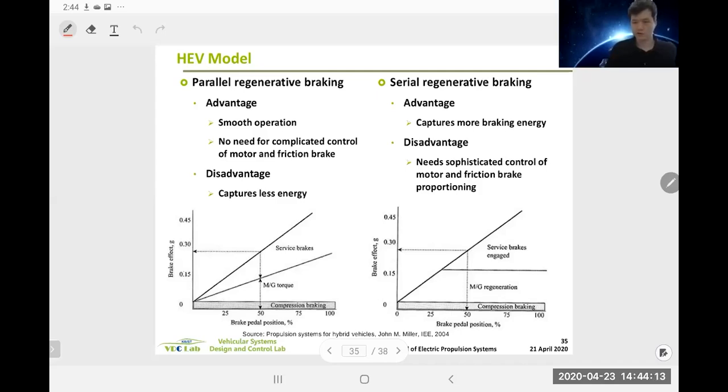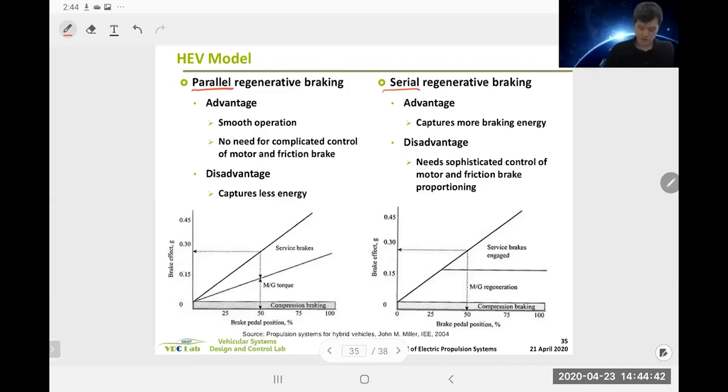Motor power is relatively small, and if driver asks for high power brake, then friction brake has to come in. And these two are just two examples of how to blend them. Okay, the first one is parallel, and then the second one is serial approach.